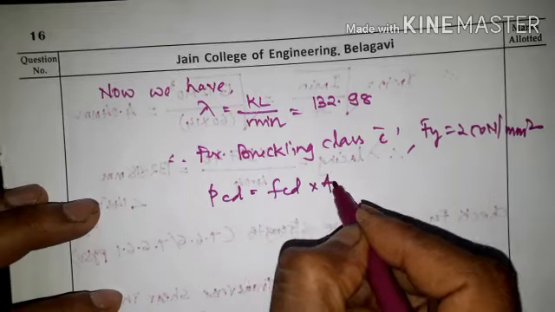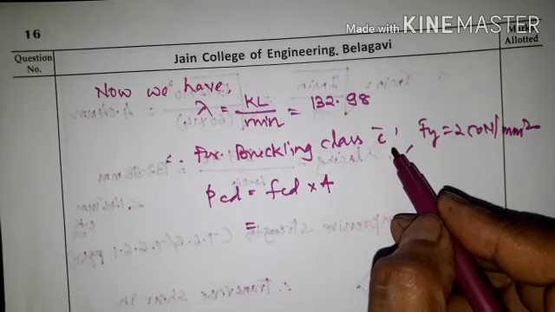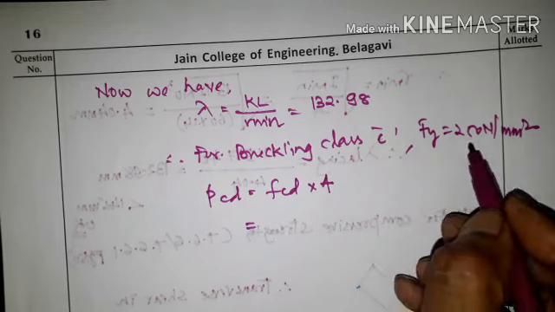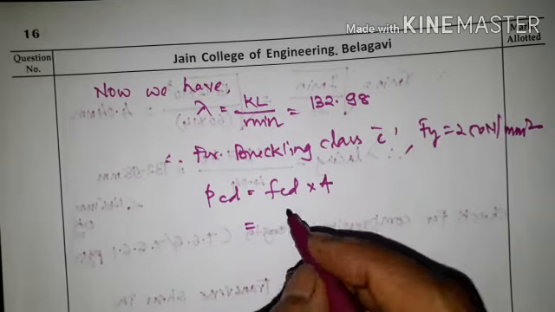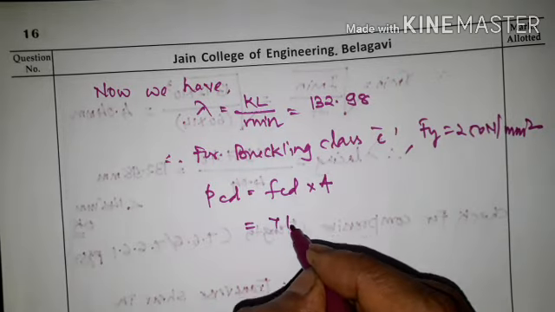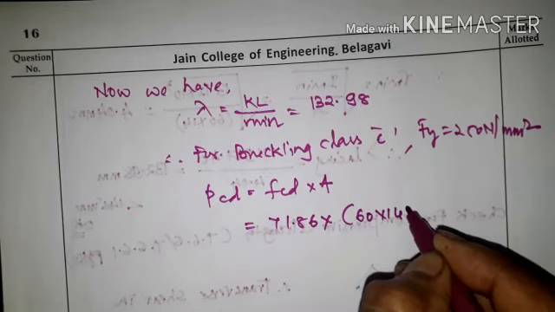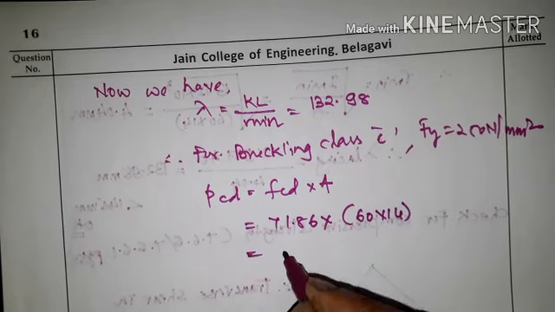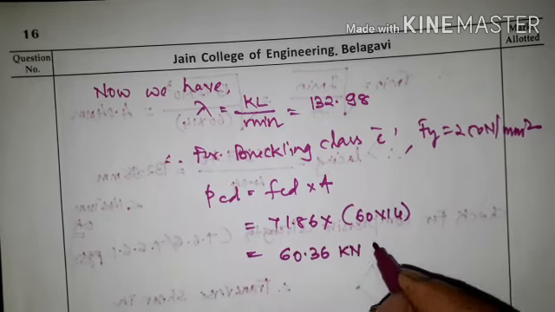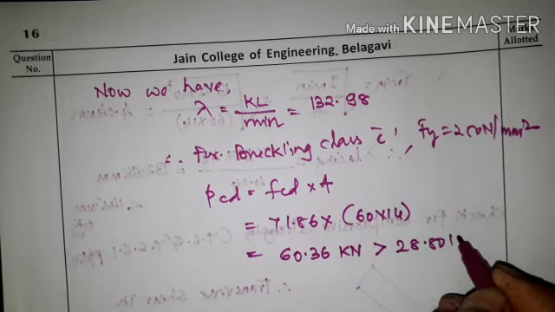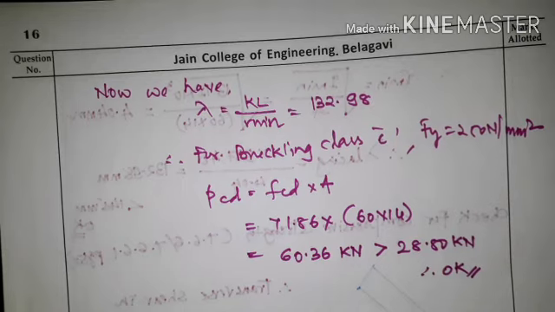fcd into area. You have to refer to buckling class C, that is Table 9C, and for Fy 250 Newton per mm square we find the fcd. So fcd we get as 71.86, into area, which is 60 into 14 for the plate. So this gives 60.36 kilonewton, which is more than 28.28 kilonewton.